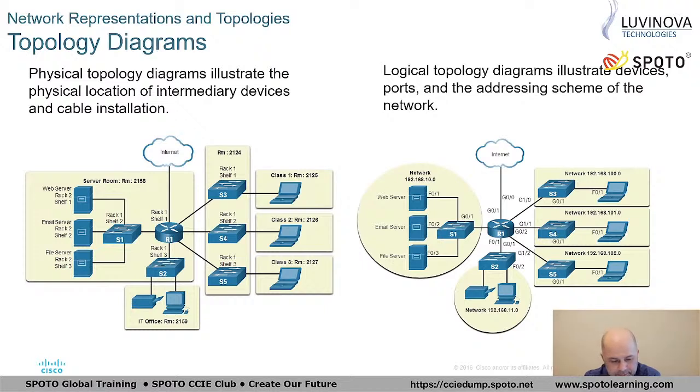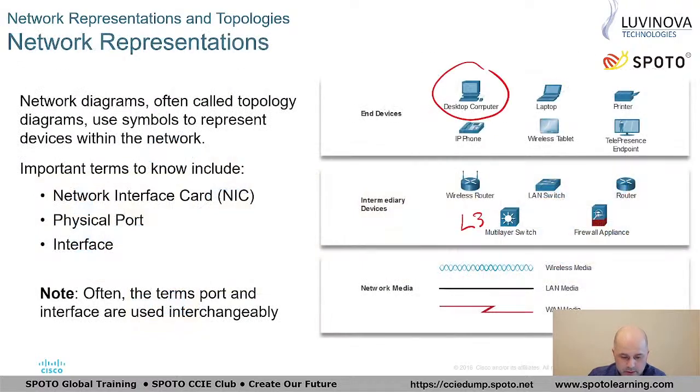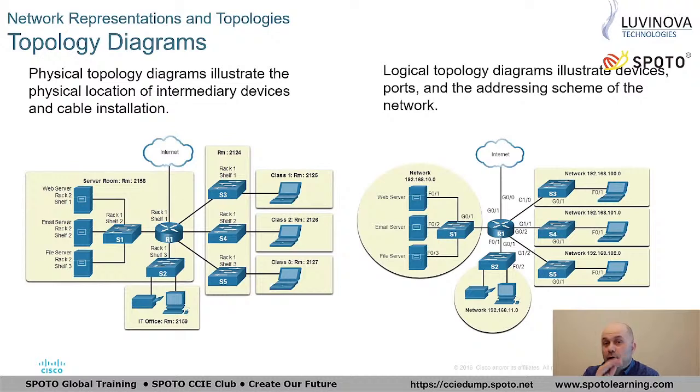Topology diagrams, guys. So here we have 2 types of diagrams and 2 types of topology. Physical topology, as you can see here, is just the devices, but here we're talking about the representation of those devices on the network map. To know exactly how those devices are standing in the network, we need a topology.